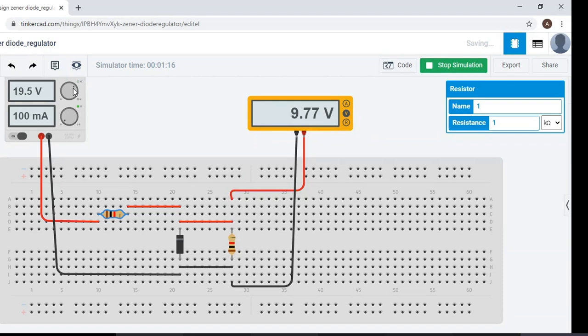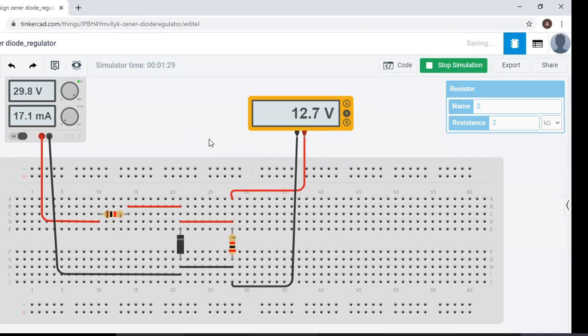But when we are increasing it beyond this value, you will see there will be a slight change in the voltmeter across this resistance. But for some reasons you need to have the input and load resistance value different.